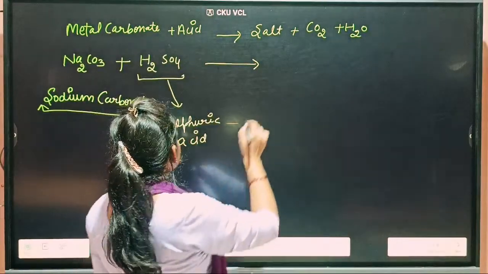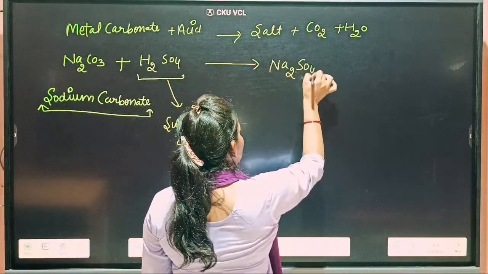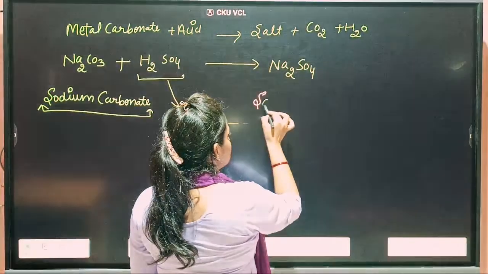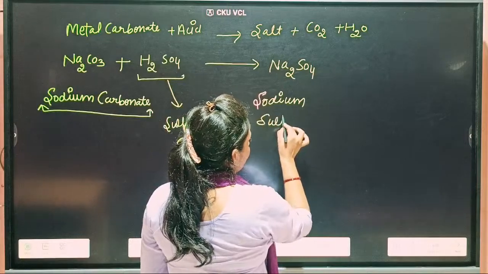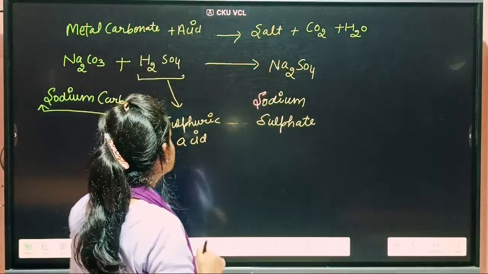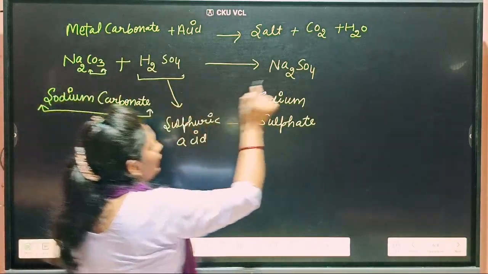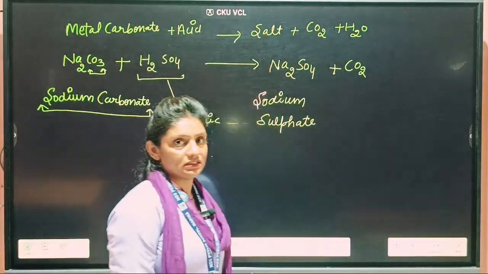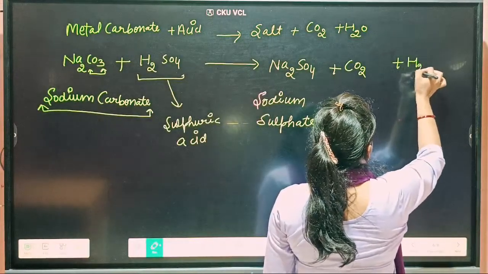Then students, here the salt formed is Na2SO4, sodium sulfate, plus CO2, because the carbonate ion is here, they will give carbon dioxide gas, plus water.